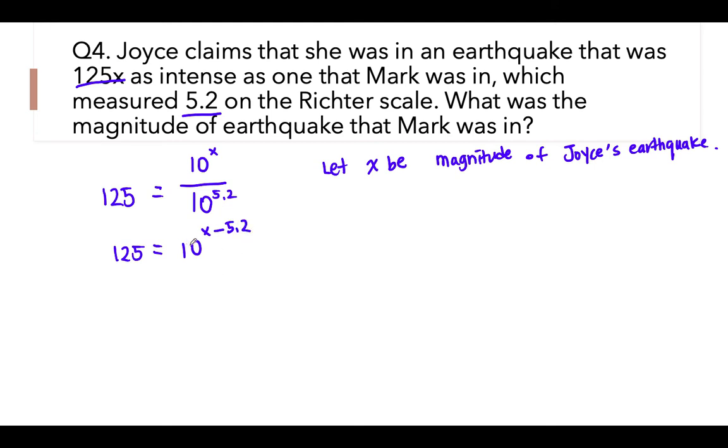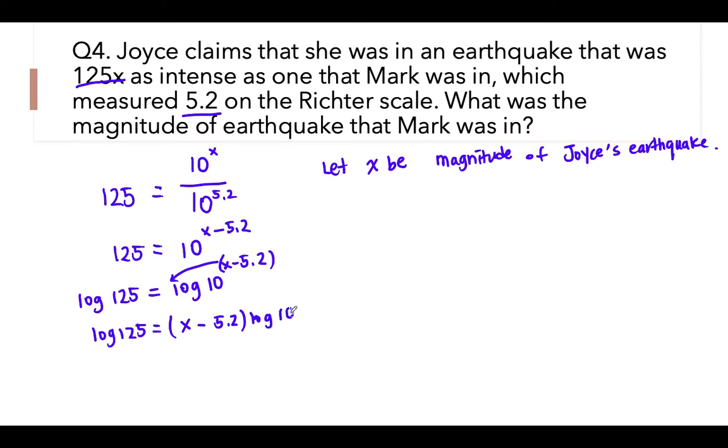Now, we have a variable in the exponent, and we can't really equate it, right? So what I'm going to do is take the log of both sides. Log 125 equals log 10 to the x minus 5.2. Then I'm going to bring the exponent to the front. Log 125 equals x minus 5.2 times log 10.